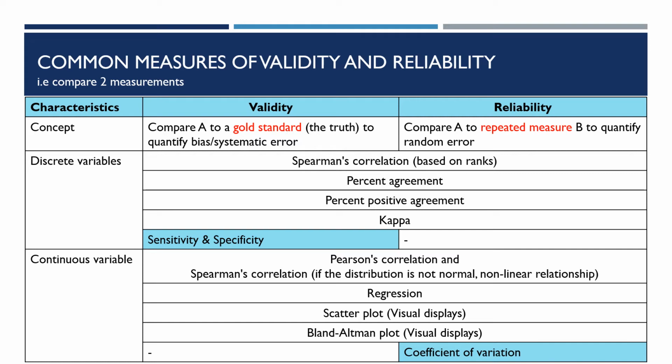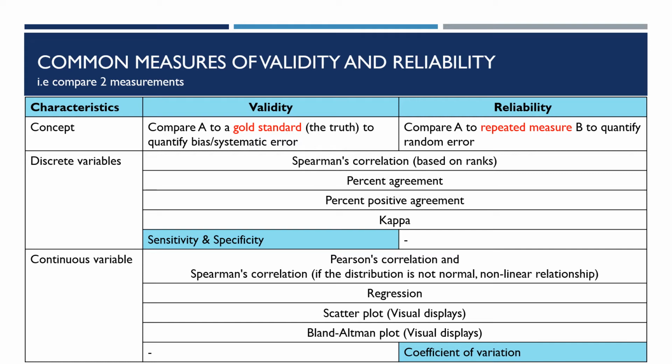For example, if we compare mammography with histopathological tests to diagnose breast cancer, it is an example of a validity study. If we compare two 24-hour diet recalls on weekdays, that means we are conducting a reliability study.